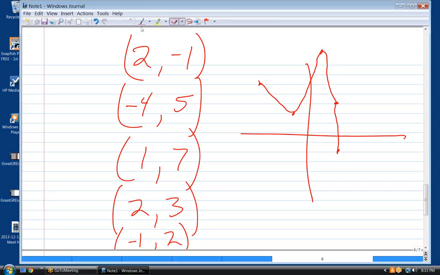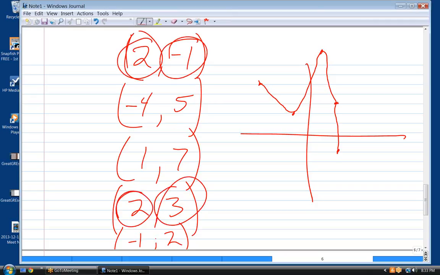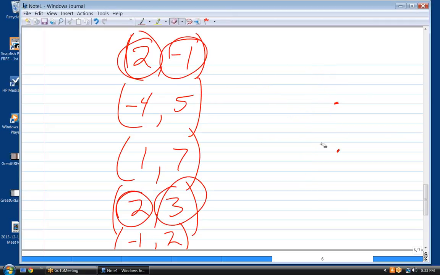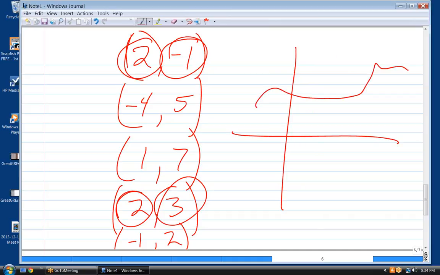Now, without having to graph every point, what are we looking for to violate a function is same x's, different y's. So when we find that, we don't have a function. We can have same y's, different x's. In other words, if I have this, notice that same y, different x at those 2 points, and yet that is still a function. It passes the vertical line test.